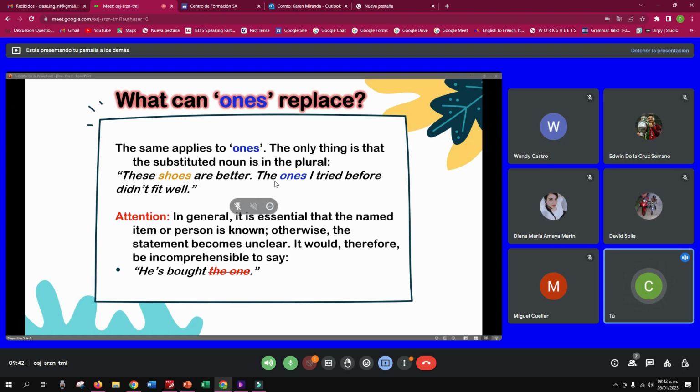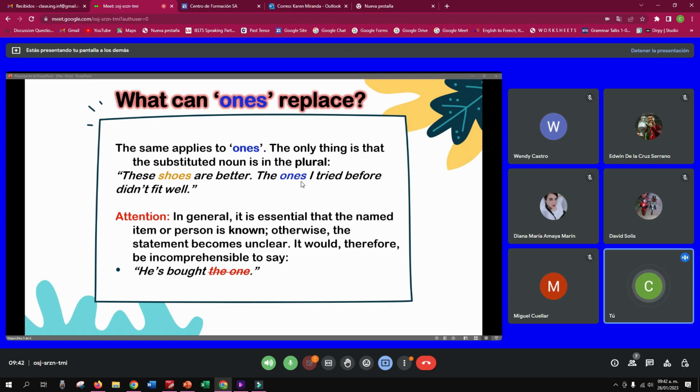When you use the ones, right, you're replacing the word shoes, right? And you're talking about plural things. That's why you're going to use ones, right? So these shoes are better. Instead of repeating the same word, right? The shoes I tried before didn't fit well. You can use ones.